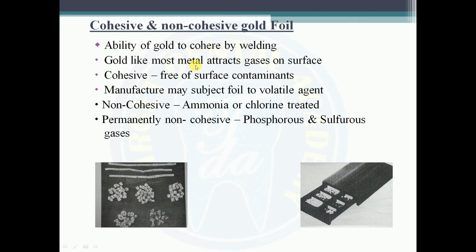Gold, like most metals, attracts gases on the surface. Cohesive foil is free of surface contaminants. Manufacturers may subject foil to volatile agents. Non-cohesive foil is ammonia or chlorine treated. Cohesive gold foil is free from surface contaminants, but non-cohesive foil is ammonia or chlorine treated.